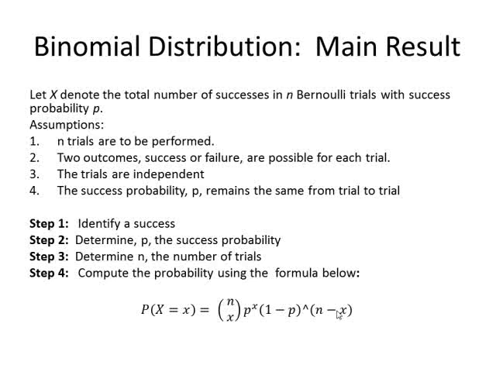Notice 3 things were given. 1, n was given. 2, I gave you a percentage or a probability of a success. And 3, I wanted to know how many of them there were.